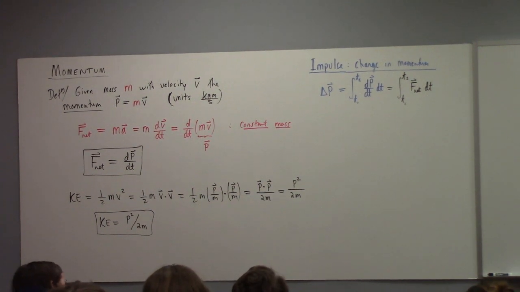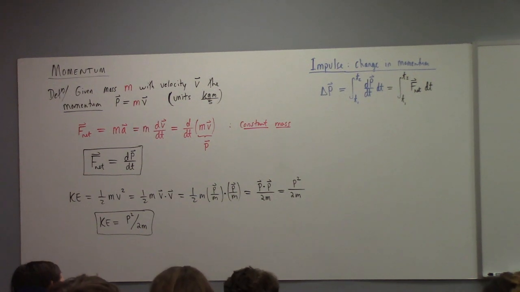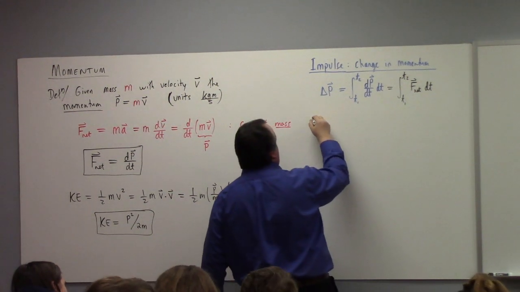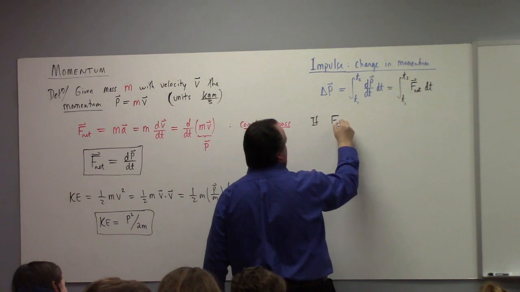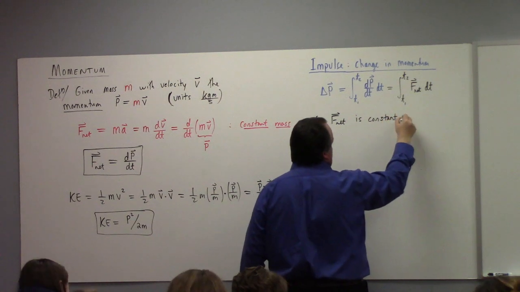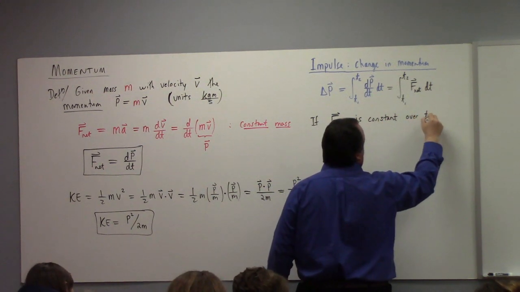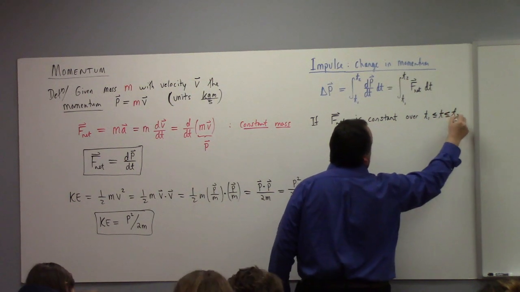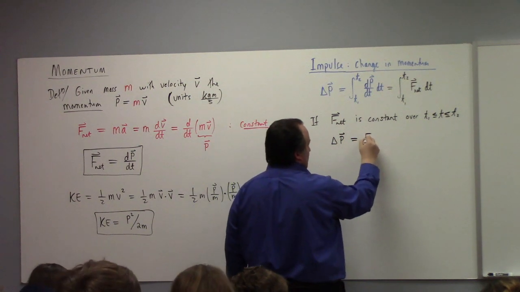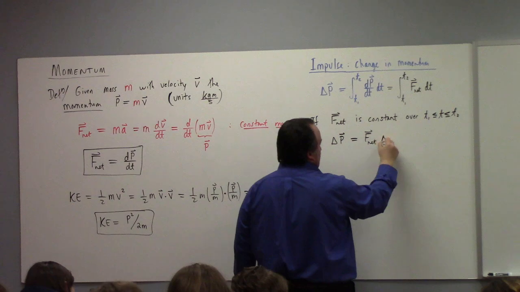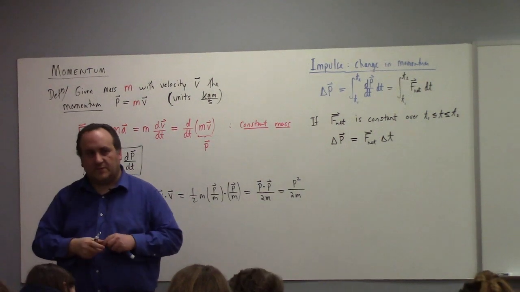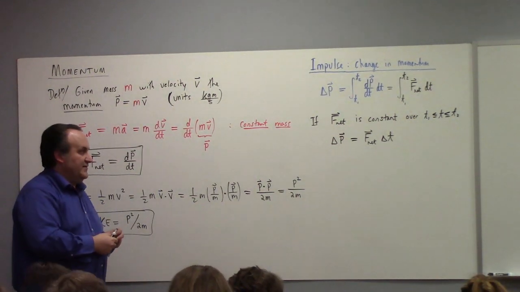In a special case, if F net is constant over the duration, then this formula simply becomes the change in momentum is equal to that constant force, whatever it is, times delta t. So that, again, is just for a constant force. If the force is variable, then we'd have to actually do the integral.